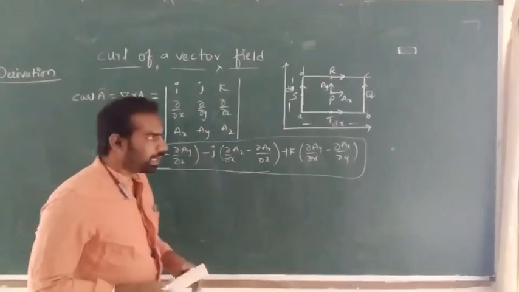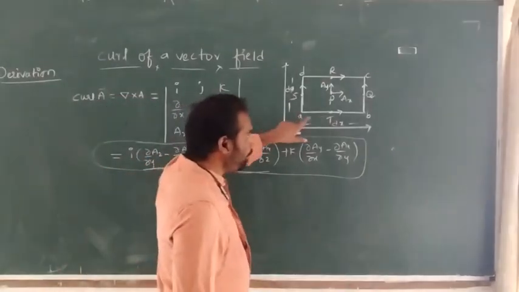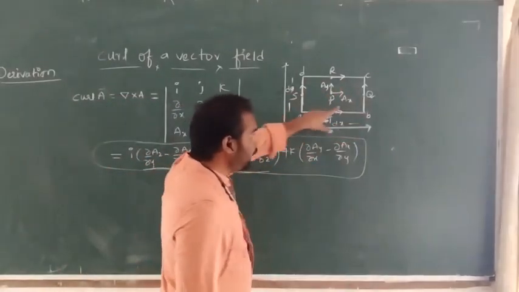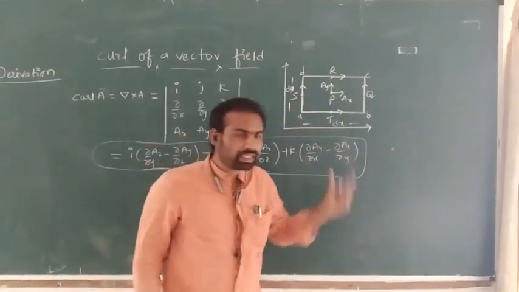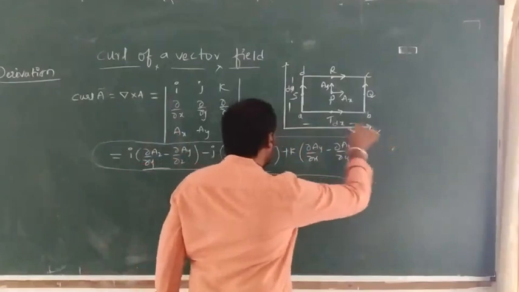Let us consider the diagram ABCD. ABCD is a rectangle. Here we are taking two axes, x and y.